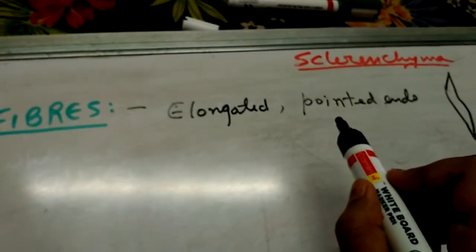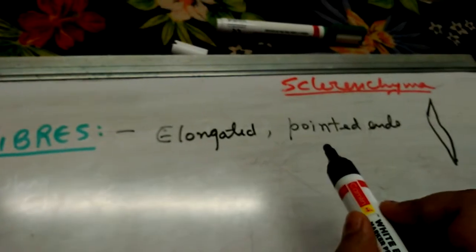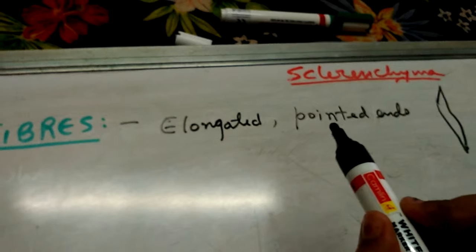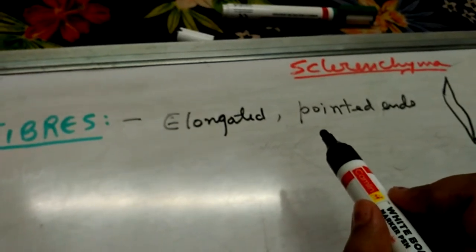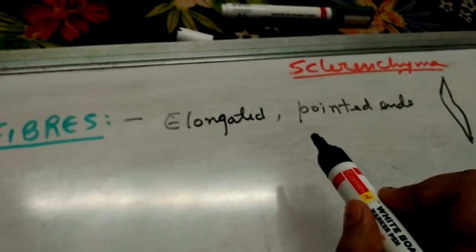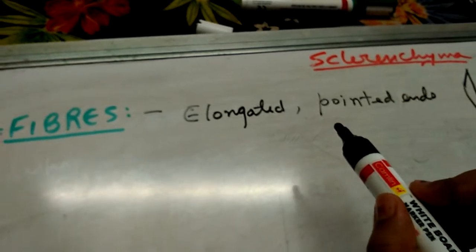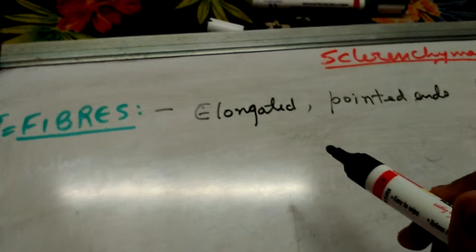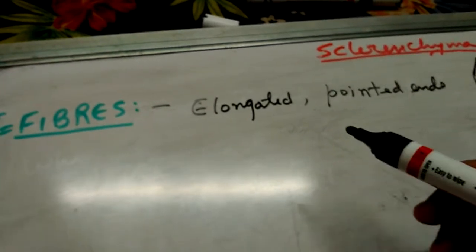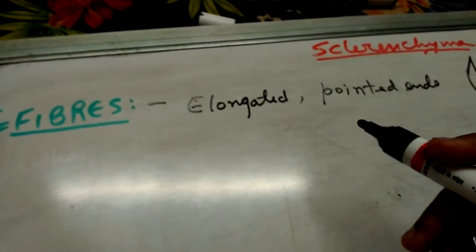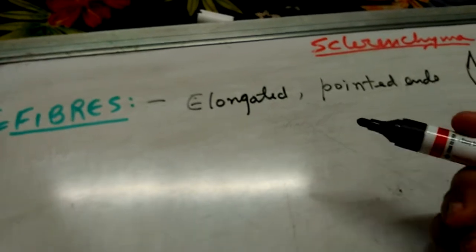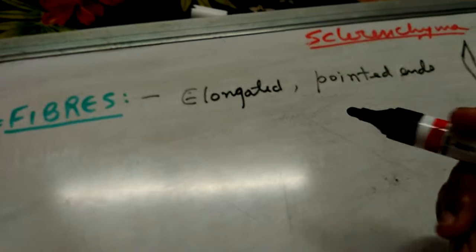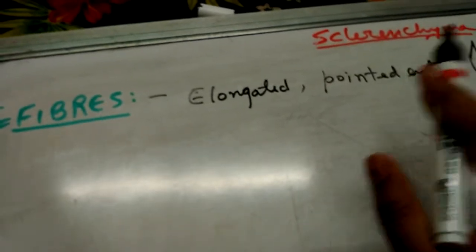Many times the walls get so much lignified that the lumen gets reduced or obliterated. What is a lumen? It is basically a central cavity, and in fibers, many times due to too much lignin deposition, the walls get highly lignified and the lumen becomes reduced, or obliterated, or sealed completely.